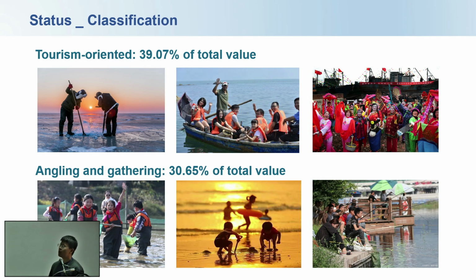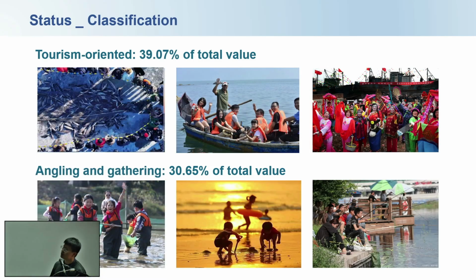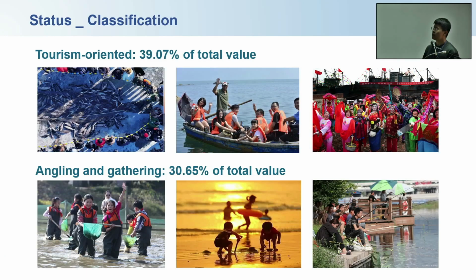The first type is tourism-oriented, which takes up about 40% of the total value. The first picture shows the traditional ice fishing festival, which attracts many people to crowd into tourism places and promotes tourism development.